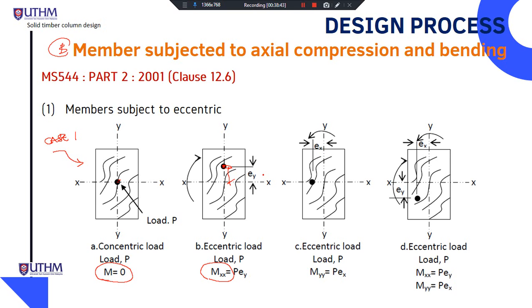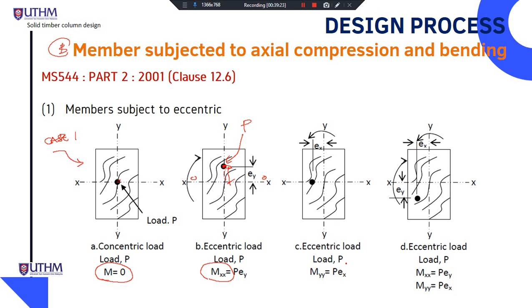EY is the eccentricity, the distance from the load location to the X axis, because here is 0. Start 0, 1, 2, 3, 4, 5, so the distance is counted. This is a member subject to eccentric loading, where the P is at the center in the Y direction, but not in the X direction.